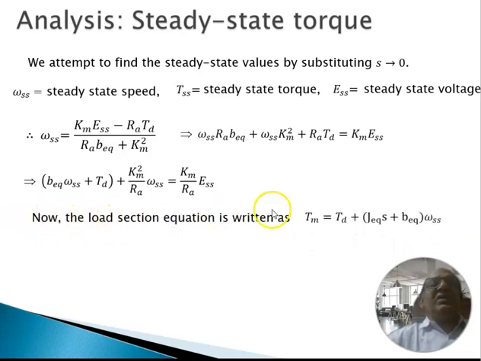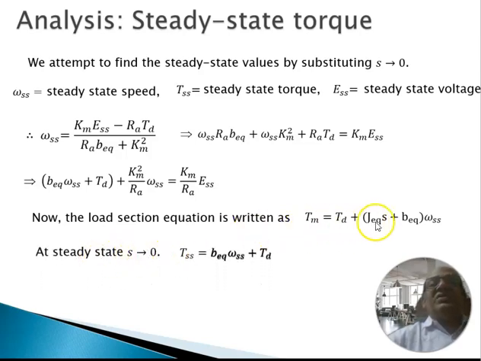We see that for the load section, motor torque is disturbing torque plus J equivalent S plus B equivalent into omega m steady state. If you substitute S tends to 0 here, this term goes away, and this term is TSS. When S tends to 0, all the quantities are steady state quantities.